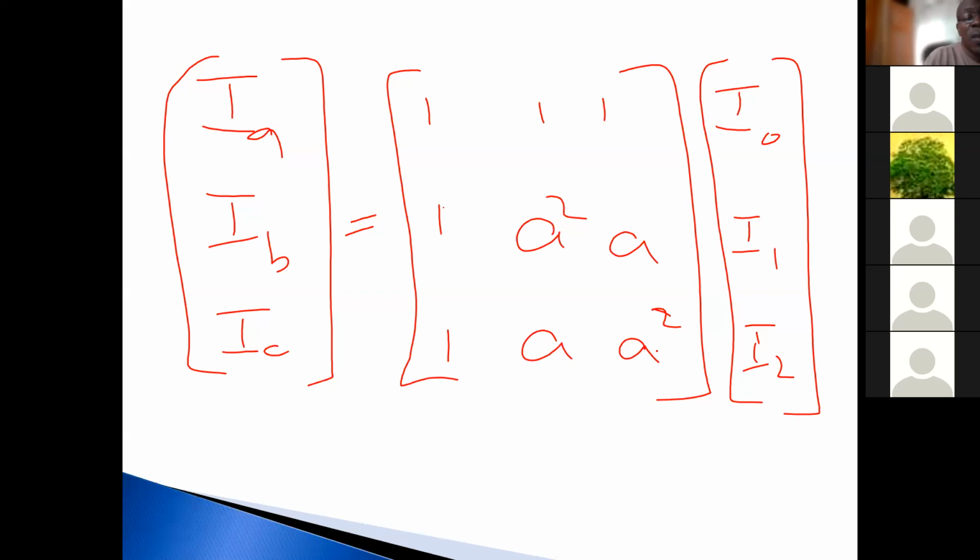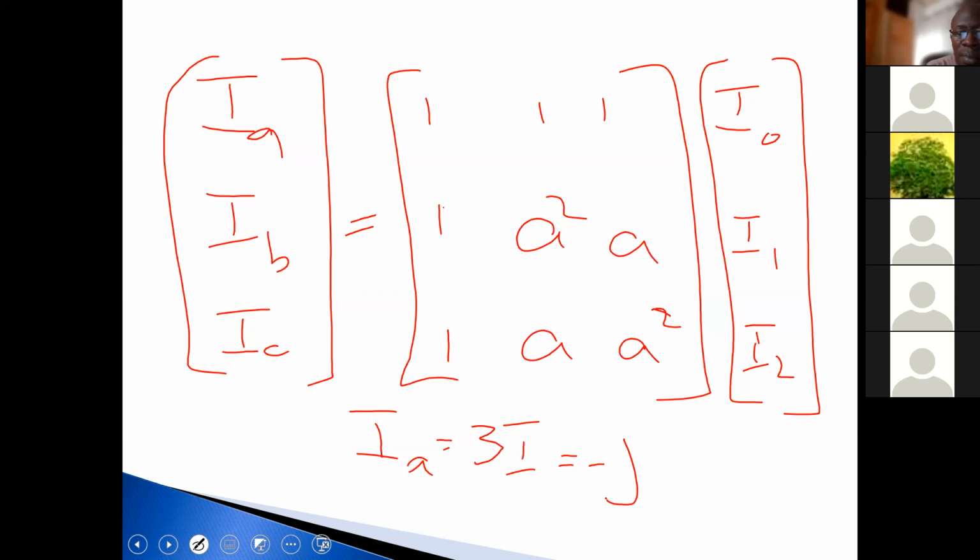So IA would be equal to 3I1, which is equal to 9.8522 at angle minus 90.